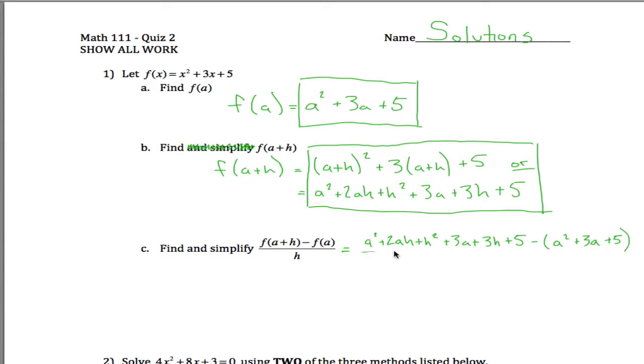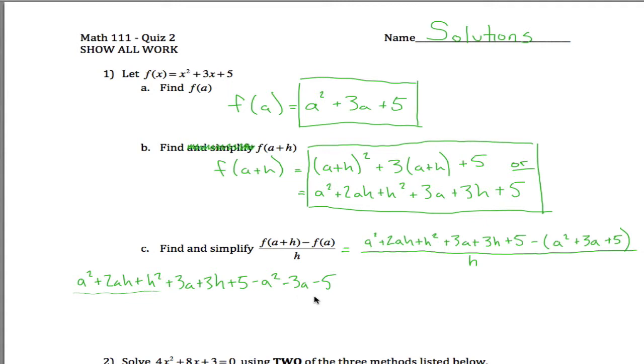And then I want that to be divided by h. And now it's important that I leave this simplify here because I don't want you to leave it like this. I want you to go further. A squared plus 2ah plus h squared plus 3a plus 3h plus 5 minus a squared minus 3a minus 5. I want to subtract all this stuff.